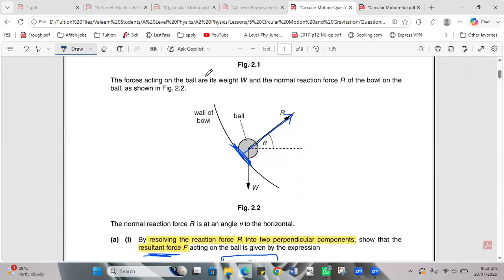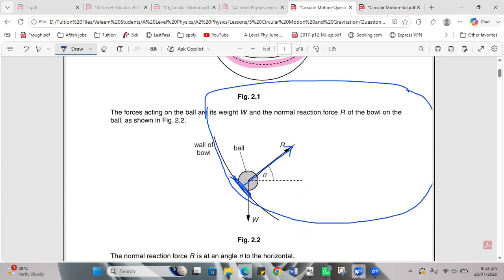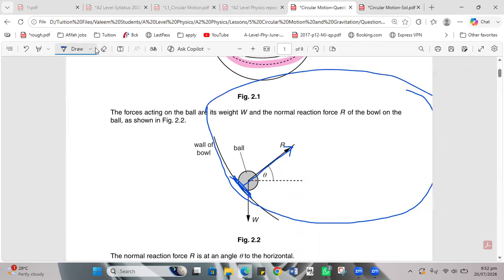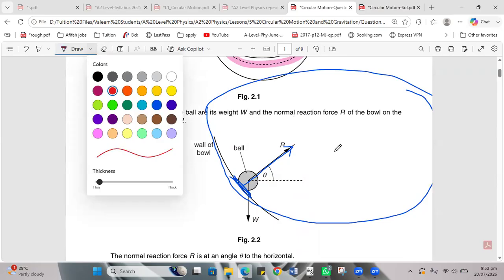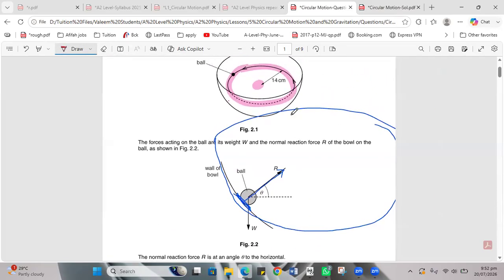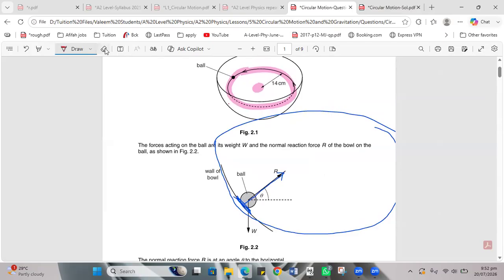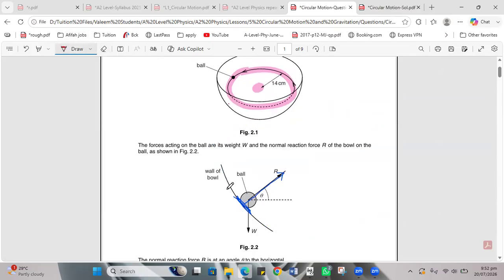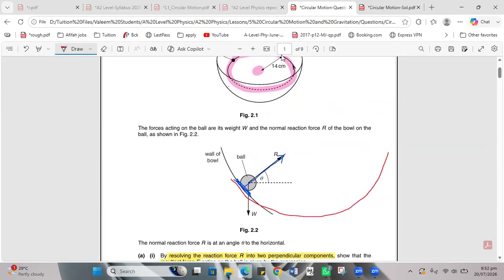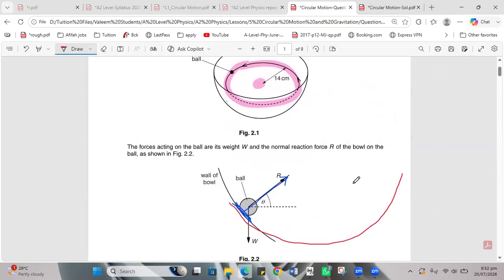Okay. Now let me draw a bigger picture. Let me extend the ball maybe like this. Sorry, it's not a perfect circle, something like this. Now, let's not make it that big, maybe just like this, a semicircle. This is a horizontal circular path.